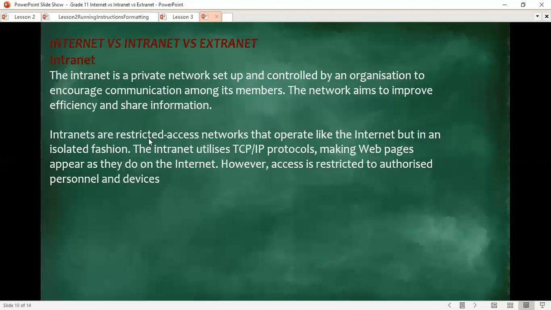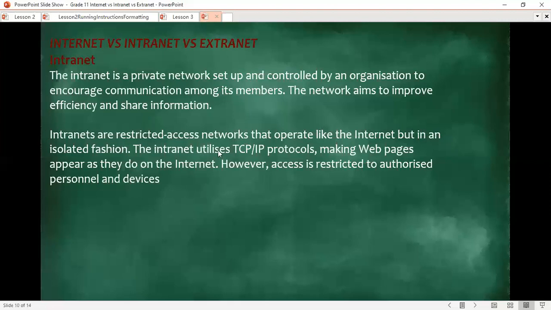Intranets are restricted access networks that operate like the internet, but in an isolated function. So this is going to operate like the internet. Maybe a particular organization can have a website, but it is only accessed by their members.